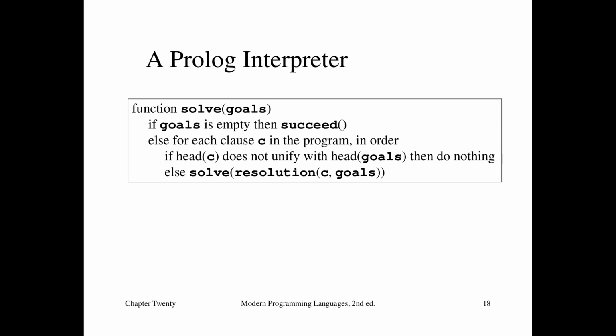Else, for each clause C in the program, in order of definition, if the head of C does not unify with the head of the goals, then do nothing. Else, we solve the resolution of C and goals.